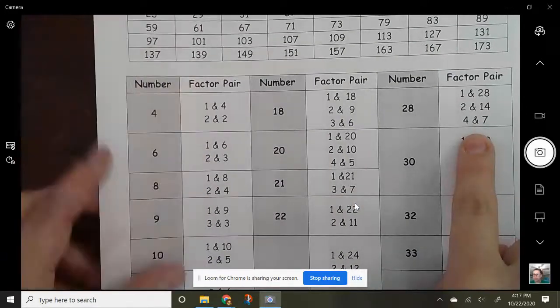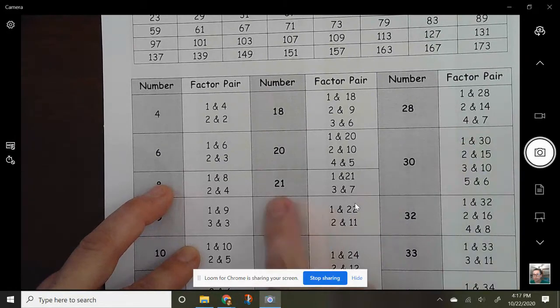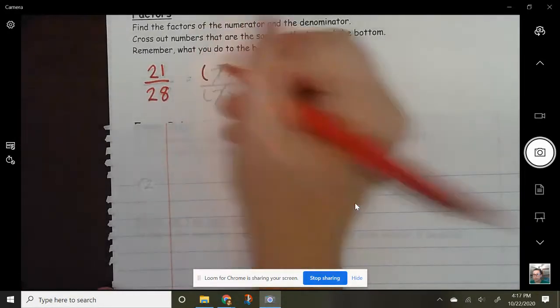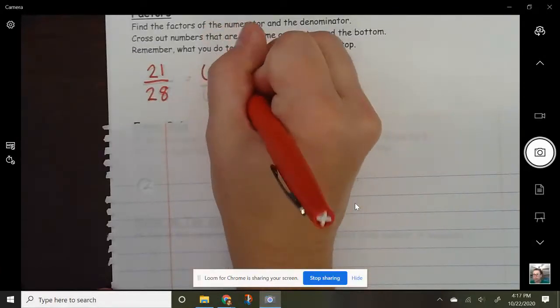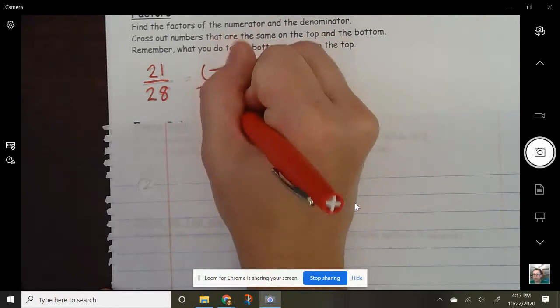Keep this nearby. For 28, I'm going to put 4 times 7. And for 21, I'm going to put 3 times 7. It doesn't matter. I said 3 times 7. It's the same thing as 7 times 3.